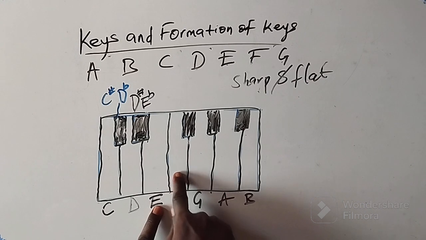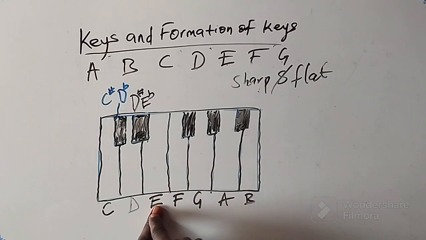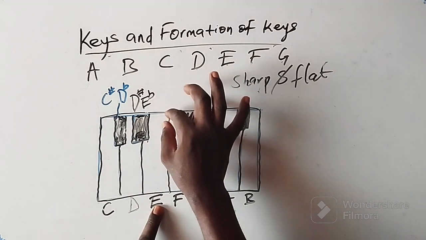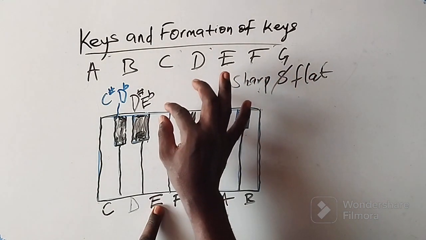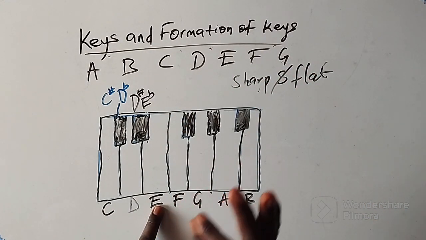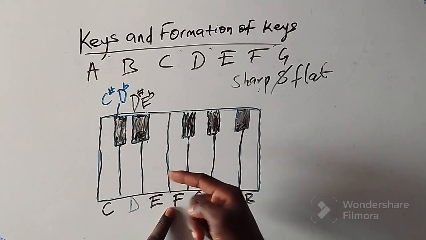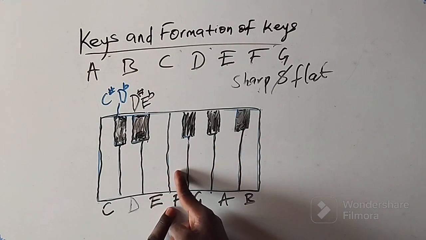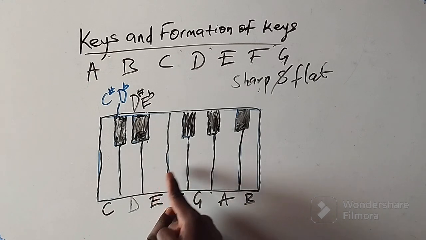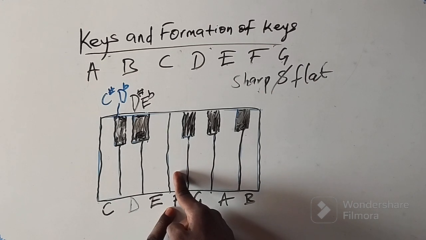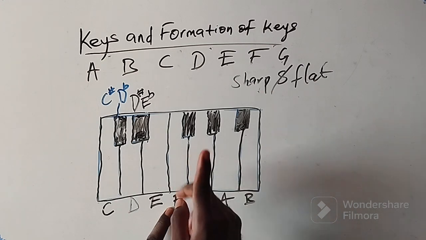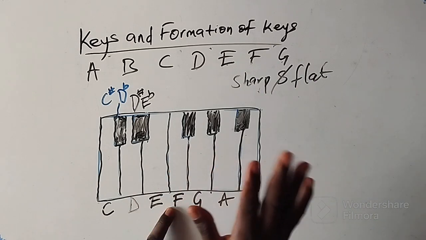But F, because F is in front of E, it sharpens E. But there is nothing like a key, like the black ones, that is called E sharp. Just get this information, because some still argue that because F sharpens E, then it is called E sharp. No, it is not like that for me anyway.